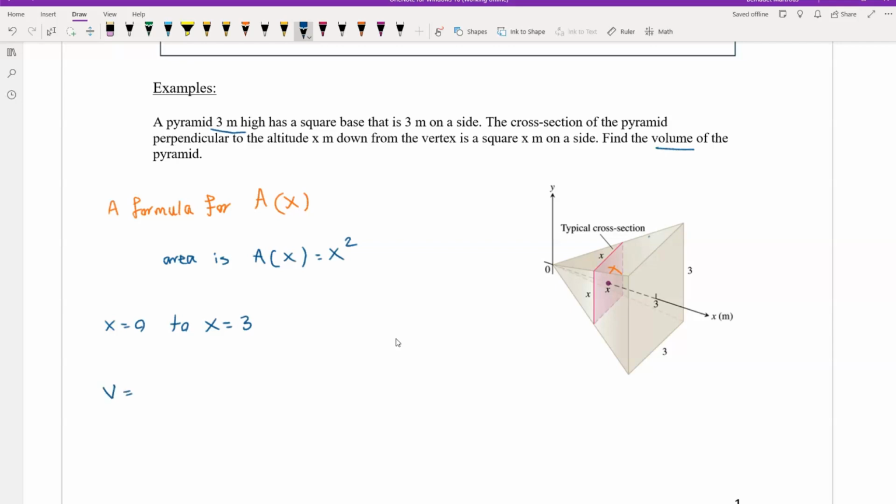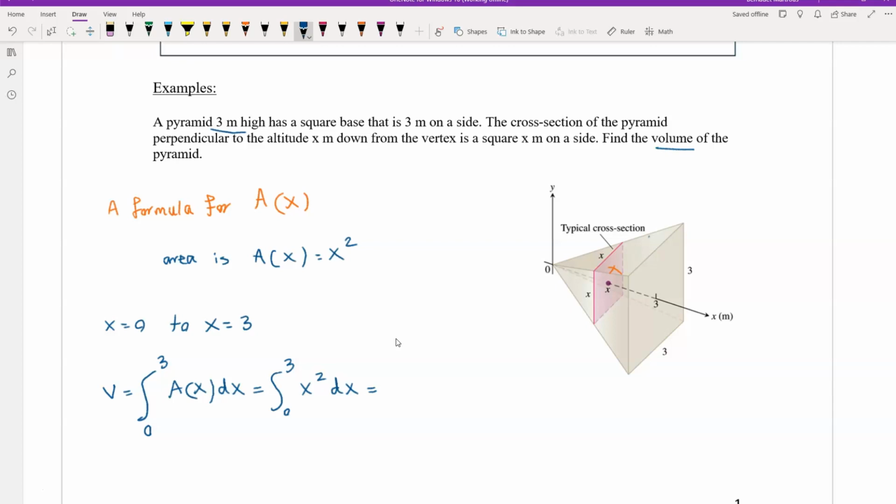Now step 4, integrate to find the volume. So volume is equal to the integral from 0 to 3 of A of x times dx. This is equal to the integral from 0 to 3, where our A of x, the area of this square, is x squared, times dx.